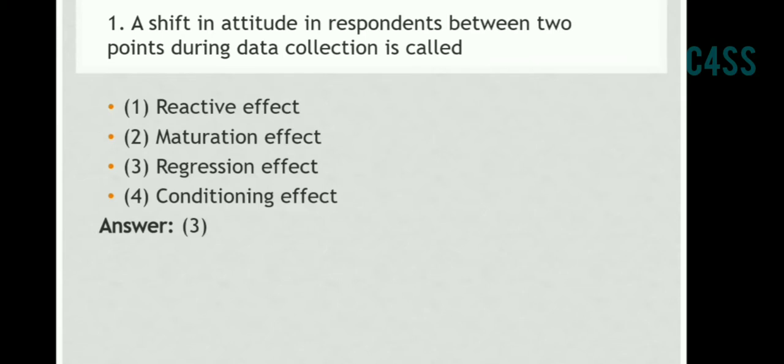First question: a shift in attitude in respondents between 2 points during data collection is called regression effect, because in statistics, regression analysis describes the relationship between a set of independent variables and dependent variables.